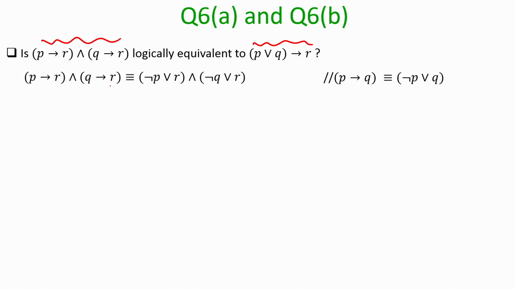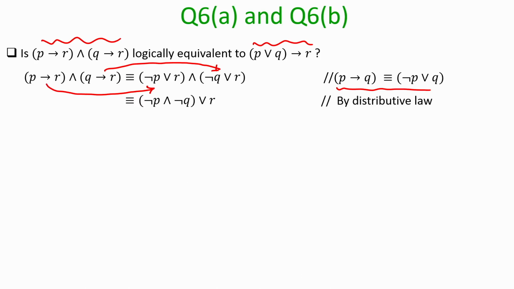So, what I can do is, I can replace this P implies R by negation P or R, because I know that P implies Q is equivalent to the disjunction of negation P and Q. And the same rule I can apply here for converting Q implies R into a disjunction of negation Q and R. Now, I can apply the distributive law and simplify the conjunction of these two clauses.